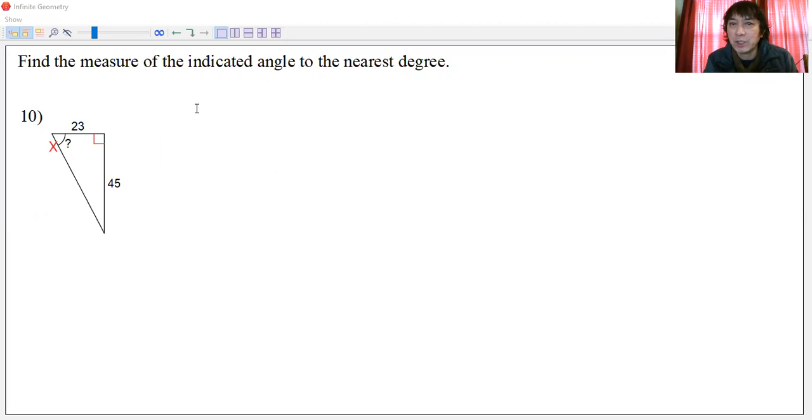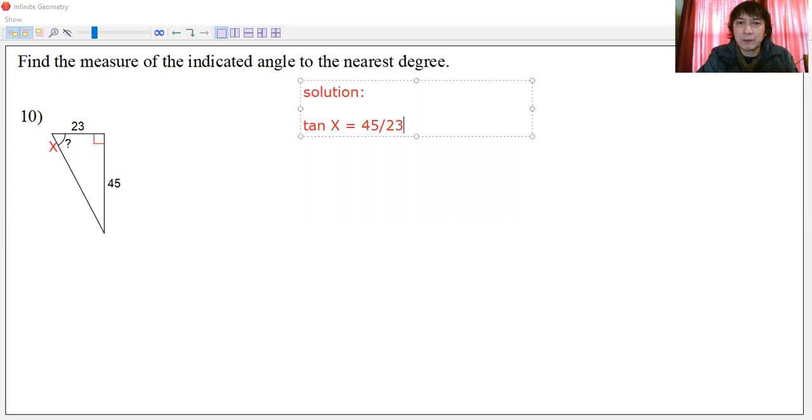That suggests the tangent function. So tangent of x is equal to the ratio of the opposite to the adjacent. So it will be 45 divided by 23.